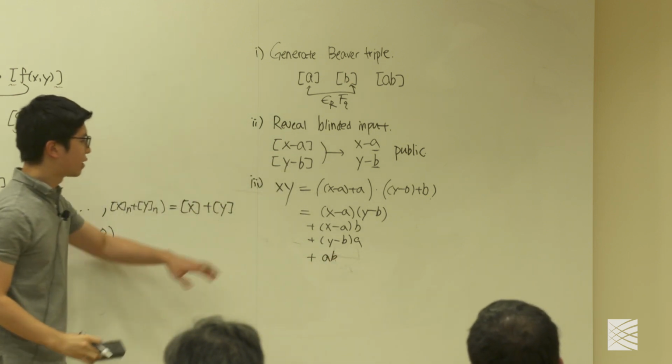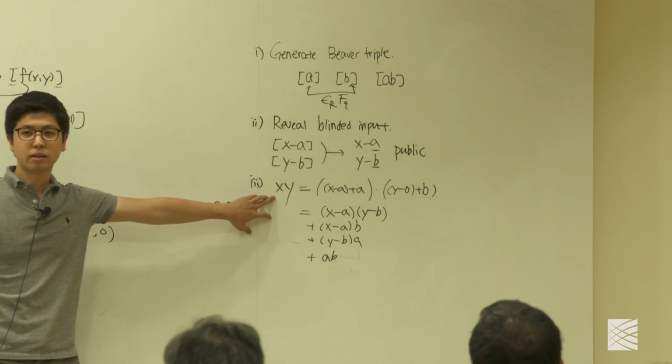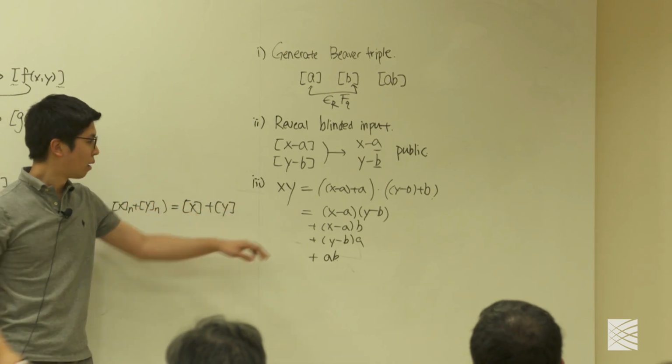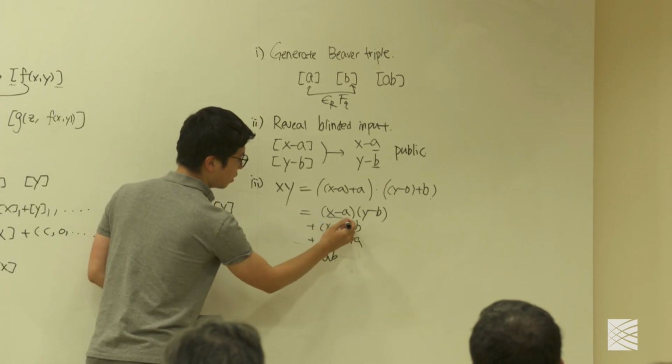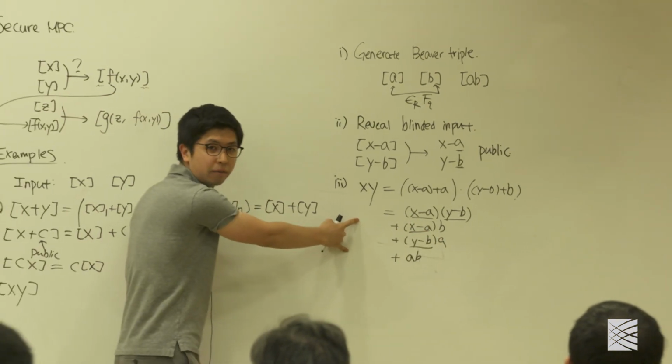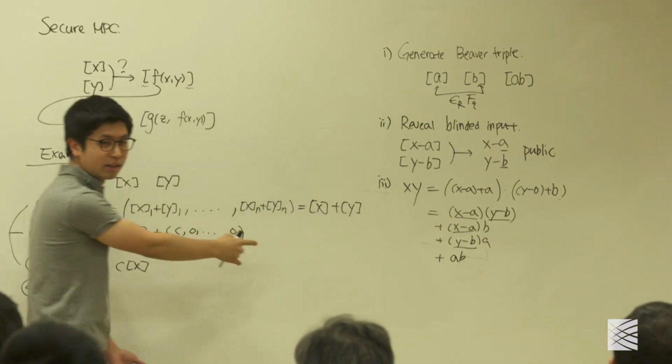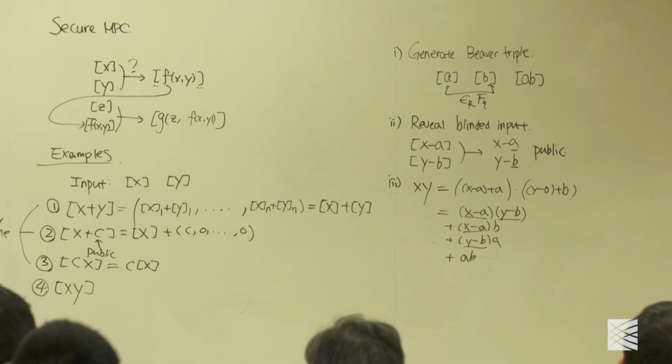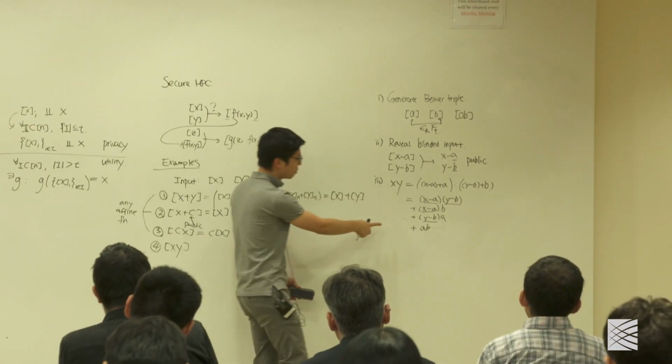We started out with the product of two secret numbers, but now we have an expression where these things are public numbers. This is public, public. So this is now an affine function over secret input. And we already established that we can compute any affine function over private numbers, right? So now we know how to compute this.